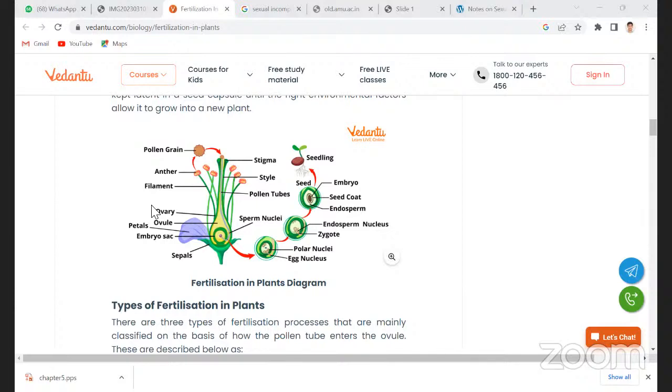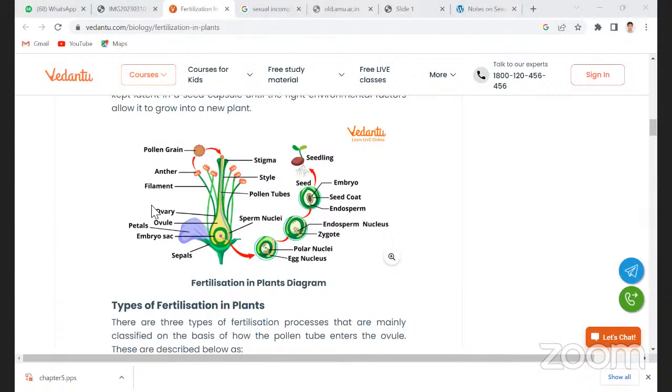In angiosperms, it is triploid. Triploid means 3N, three sets of chromosomes, developed from the primary endosperm nucleus after fertilization. So you observe the difference: the endosperm is a nutritive tissue in both gymnosperms and angiosperms.